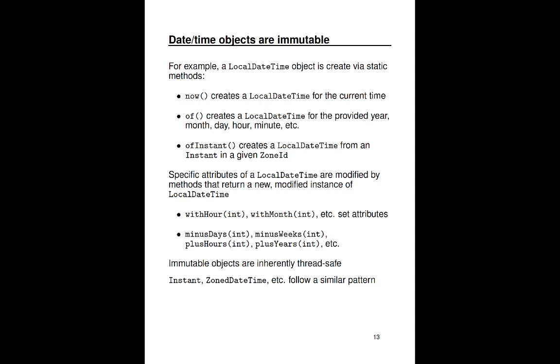Now the benefit of this is that immutable objects are inherently thread safe. If all threads can do is read the value of an object and that value never changes, you don't need to worry about race conditions. Doesn't matter who got there first, they're always going to get the same value. It might take some getting used to, but you'll see this pattern has some benefits, and you'll have an opportunity to use it across many classes in the java.time API, like Instant and ZonedDateTime.